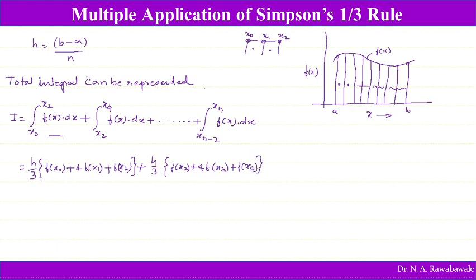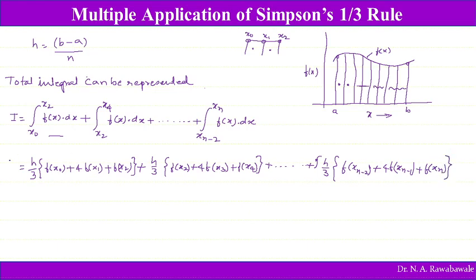Close this bracket, and plus so on, plus h by 3 times f of x n minus 2 plus 4 f of x n minus 1 plus f of x n.